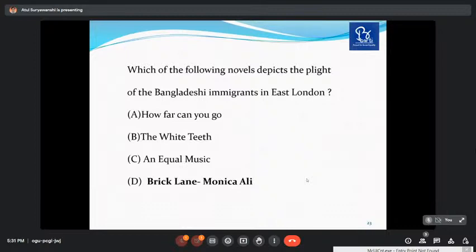So this is the story associated with the Bangladeshi immigrants in East London. So now our work is to search this novel, Brick Lane, see the story, who the characters are, and in which year this novel was published, and then we will receive the idea.